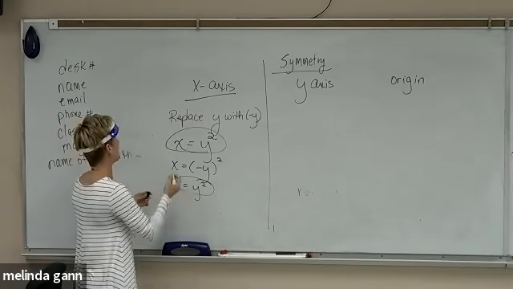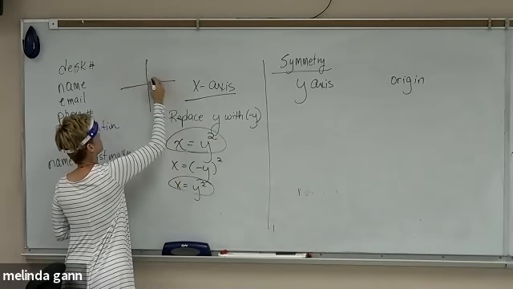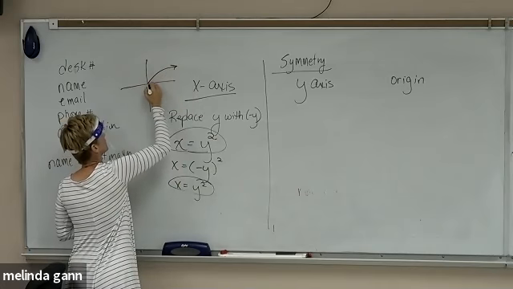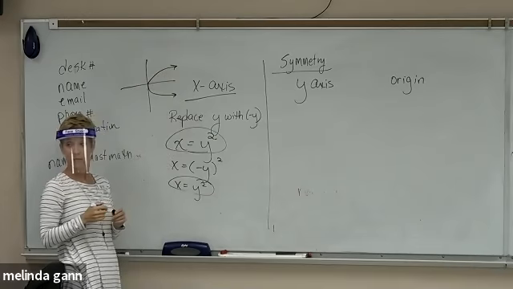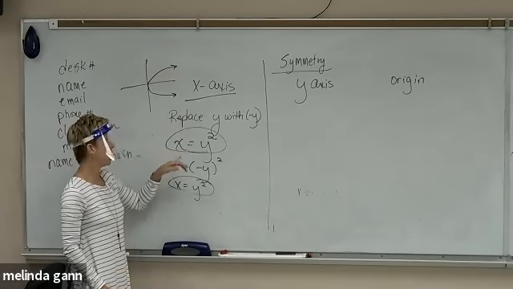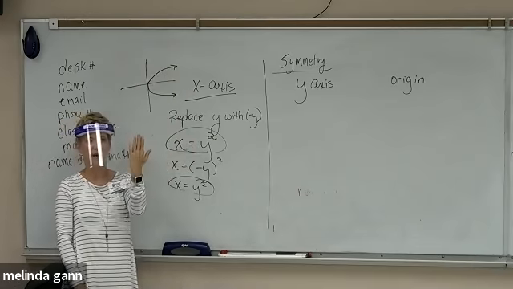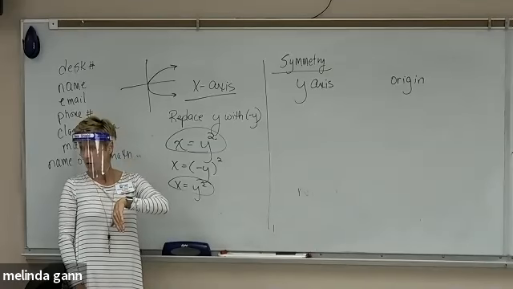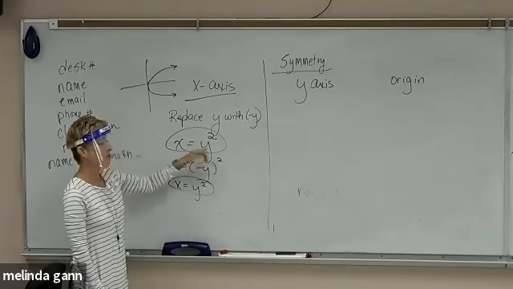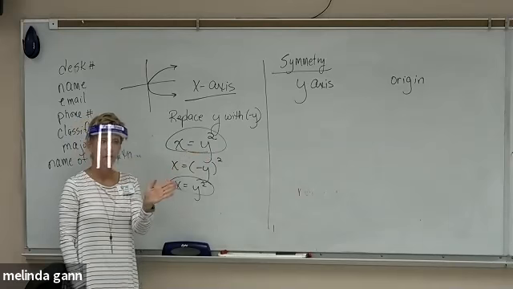Now, here's what this graph looks like. Remember, we talked about when the x is squared, the parabola goes up or down. When the y is squared, it goes left or right.